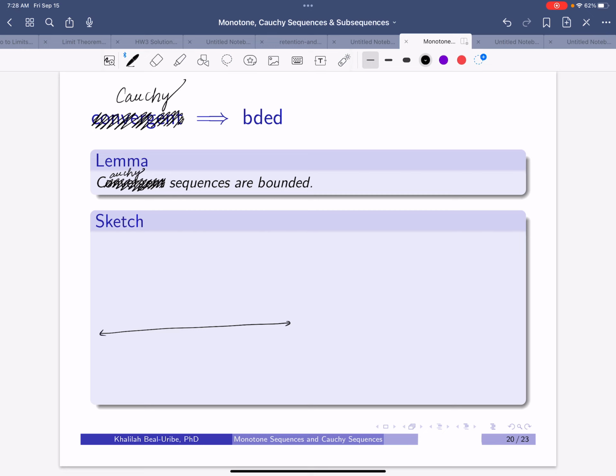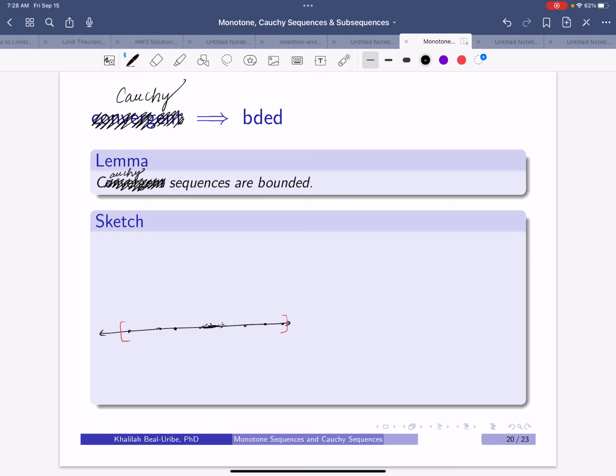We know that we can make the terms arbitrarily close to each other, and then there'll just be finitely many terms that are not within epsilon of each other. So the idea is that overall, the terms have to be bounded.